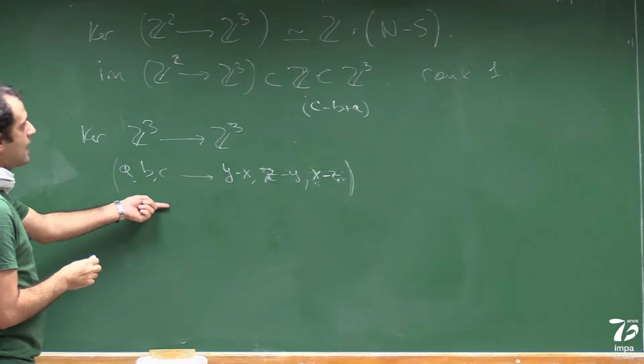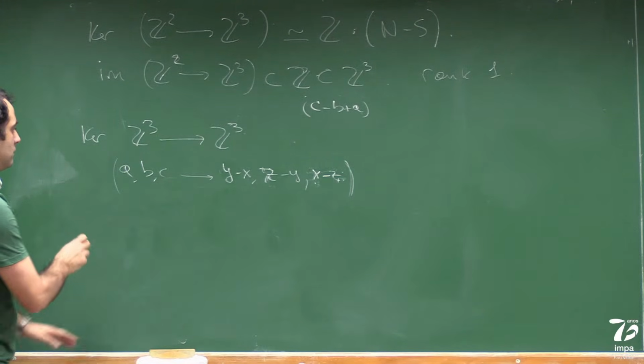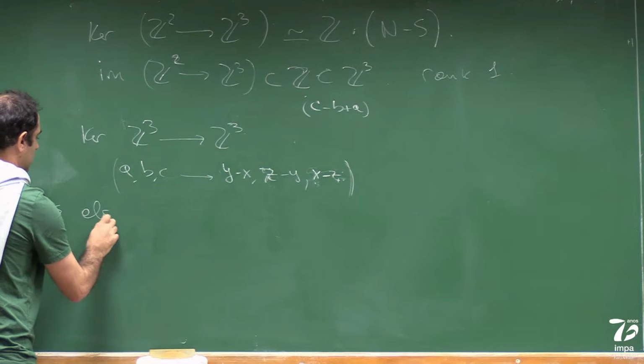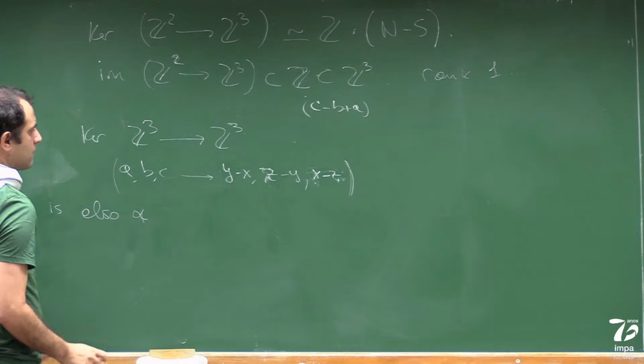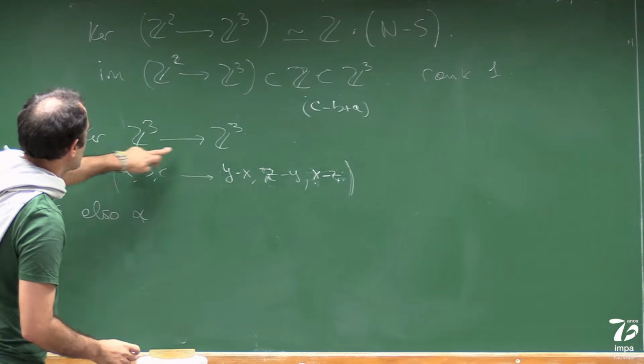So the kernel of this is also of rank 1. So you can quickly check that the co-kernel is of rank 2.